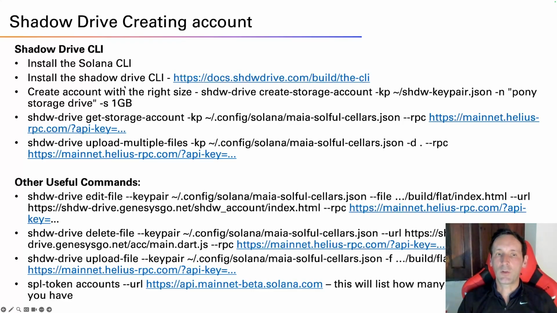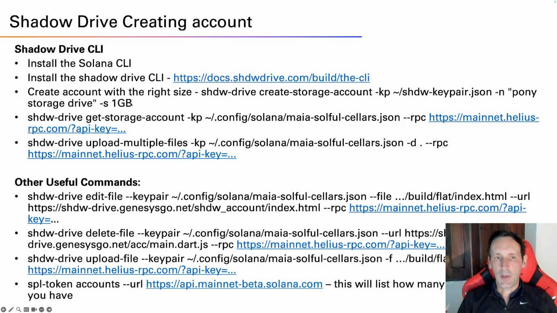You also need to install the Shadow Drive CLI, and you can go to this address here to install it. Follow the instructions. It's super easy. I had no problem doing this in a few minutes. Then once you have the Shadow Drive CLI, and by the way, I'm using Mac OS. I don't know how easy the experience is for Windows, but I suspect it's the same as for Mac.